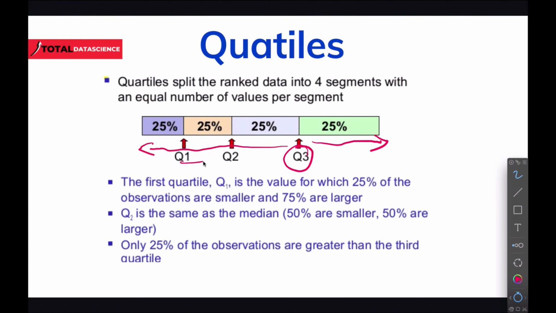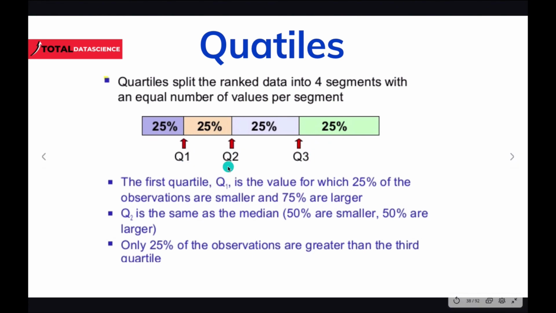So you are at the Q3, so your marks are greater than 75% of the total marks, and only 25% of the data points are above that particular data point that you have at Q3. I hope this gives you an intuition of what the Q1, Q2, and Q3 are.